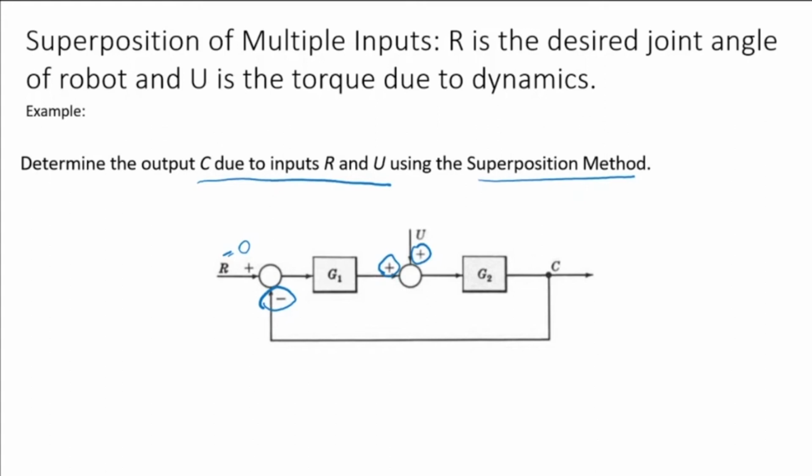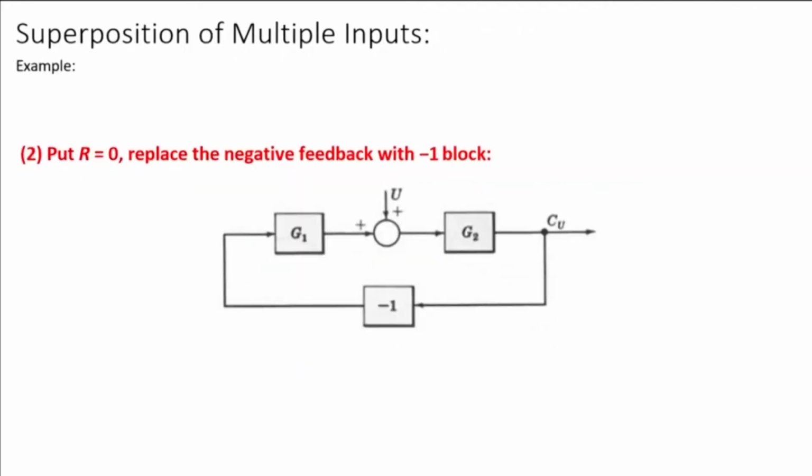And how do we take that into account is by introducing a minus 1 block there. So please note that when we make R equal to 0, because this is a minus here, I need to put a minus 1 block here, which will make the input here minus, because that input was minus actually.